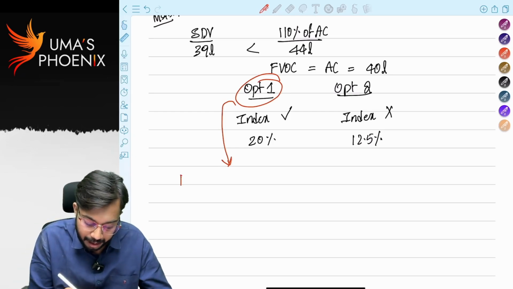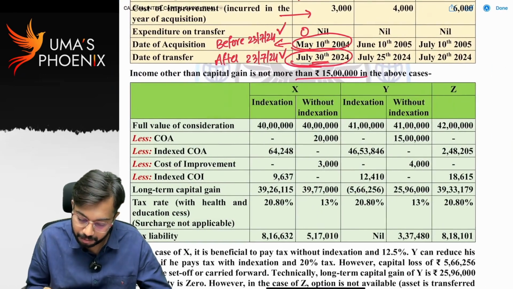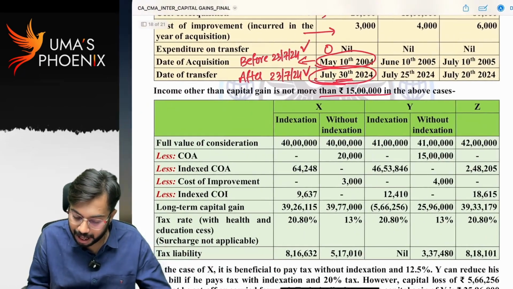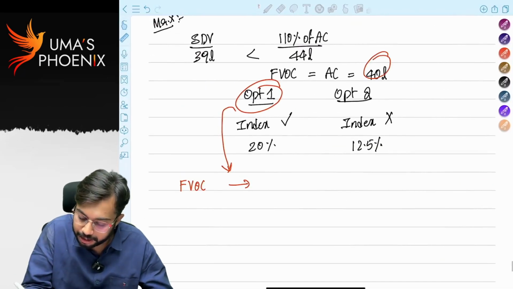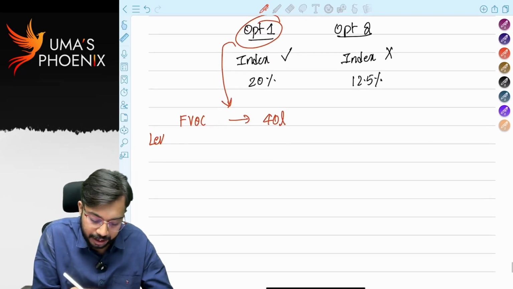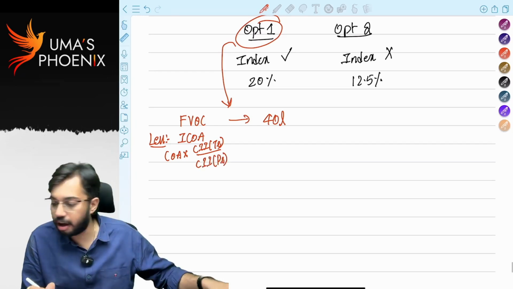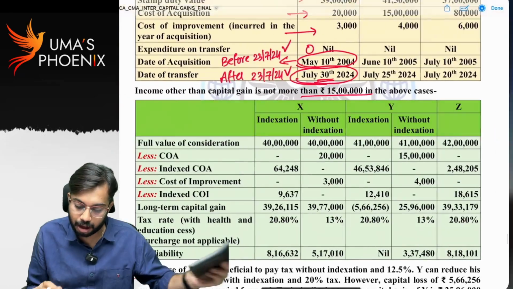How much is full value of consideration? We have calculated, right? Full value of consideration is 40 lakhs. From this, indexed cost of acquisition is allowed. What is the formula for indexed cost of acquisition? Cost of acquisition into cost inflation index in the year of transfer divided by cost inflation index in the year of purchase. So how much is cost of acquisition?